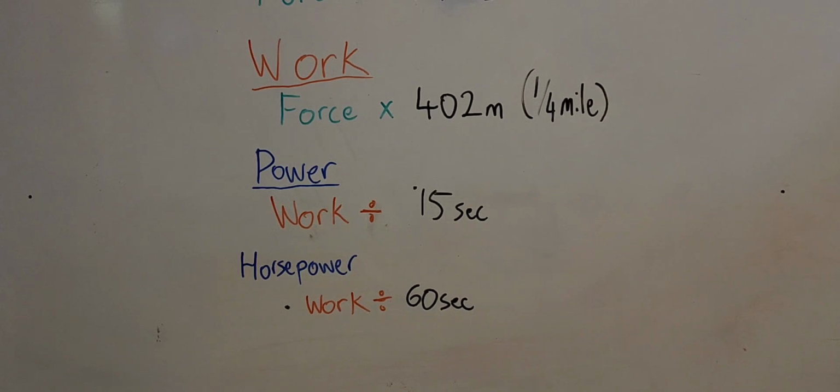So this may highlight the confusion as to why people pursue horsepower when they should be pursuing force. It's the simple confusion that horsepower is work over 60 seconds, which means 60 seconds is a time frame that is set. So when we increase horsepower, what we're doing is increasing our work in the given phase of 60 seconds.